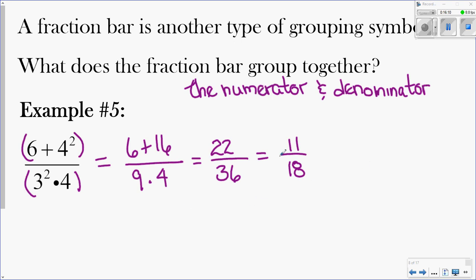All right, let me just box that up. All right, so then, yeah, we don't need to reduce it. So again, when you have that fraction bar, basically it's separating the numerator and denominator. You're going to group the expression in the numerator together, and the expression in the denominator together.